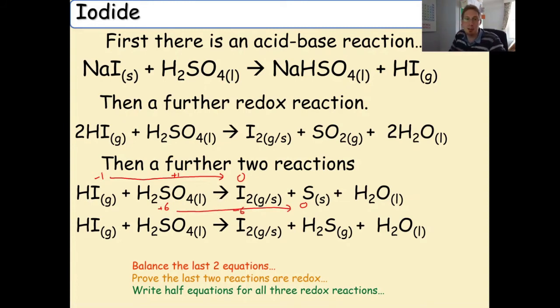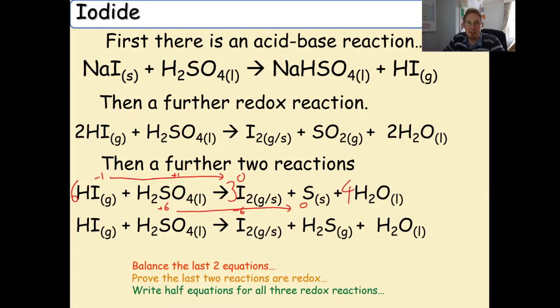Because these have to be balanced, we need 6 iodides being oxidized for a single sulfur being reduced. So if we've got 6 hydrogen iodides, we must have 3 I2. We've got sulfur, we've got 6, 7, 8 of those hydrogens. We've got 4 oxygens, and that fits quite nicely for H2O.